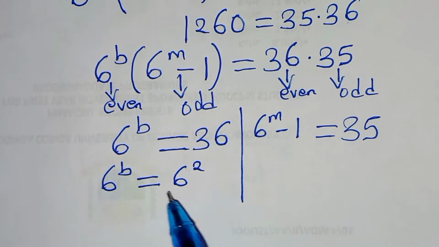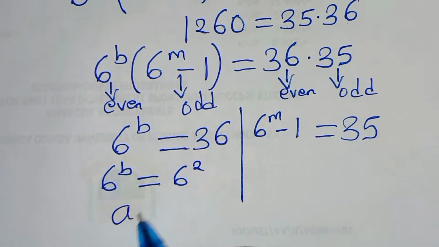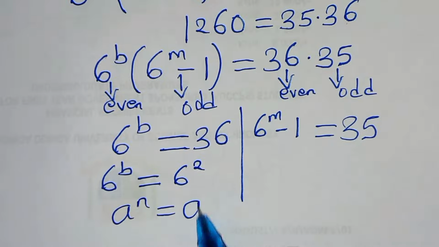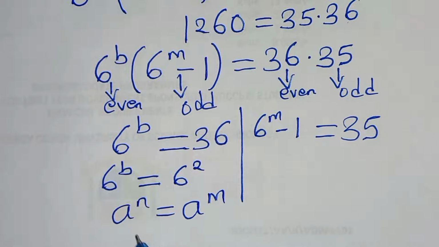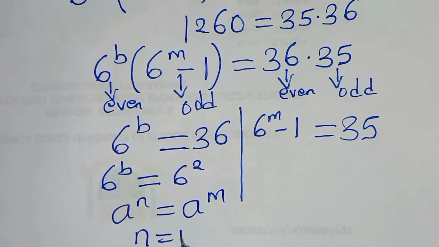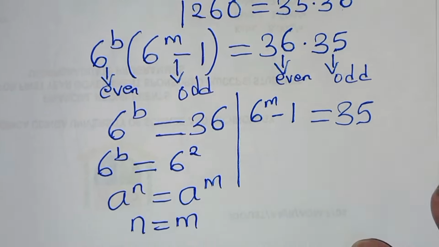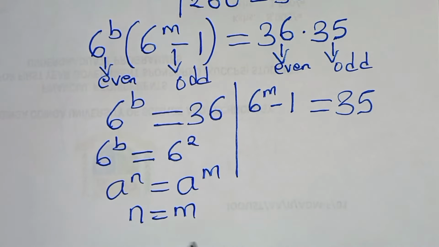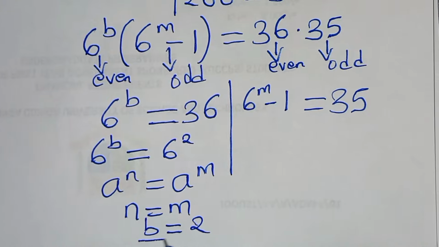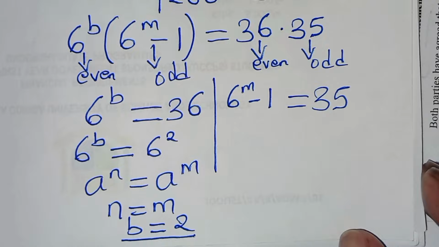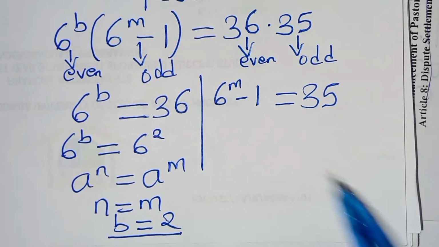Since the bases are common, that is a to the power of n equal to a to the power of m, then exponent n is equal to m. This shows that the value of b is equal to 2. So let's proceed to solve.